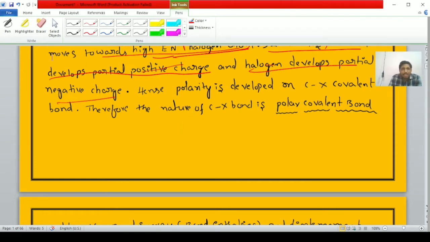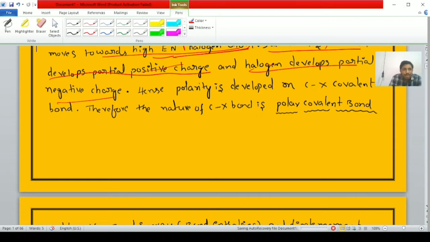Therefore, the nature of the C-X bond is polar covalent bond. See, students, here the nature of this C-X bond is polar covalent bond. Clear, students?